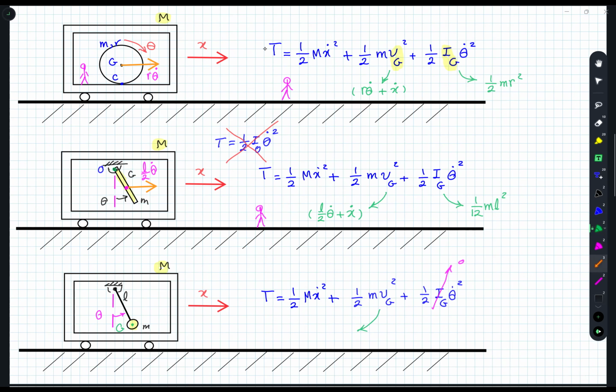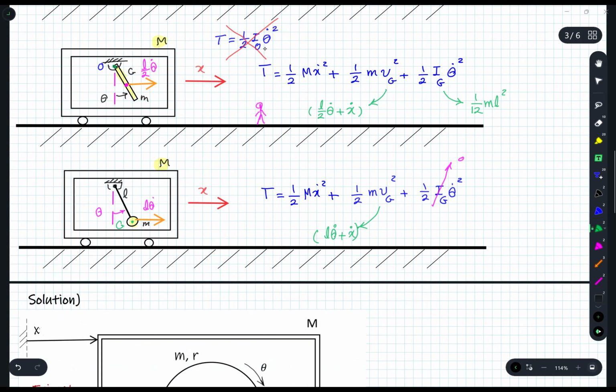What about Vg? Well, by now you should know the velocity of that point. We can approximate it to be simply L theta dot. Therefore, my velocity Vg here is L theta dot plus x dot. All right? Hope it is clear now.